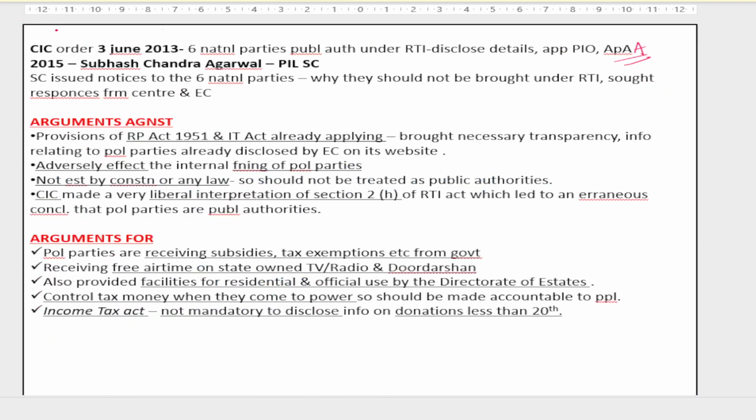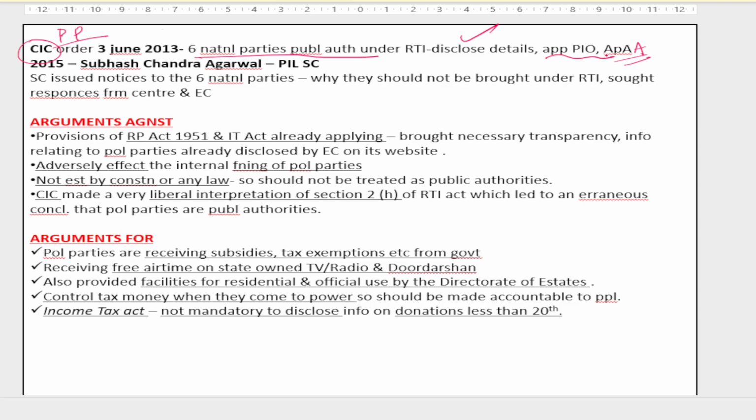Then we come to the issue of including political parties under the ambit of the RTI Act. Now the Central Information Commission, in its order on 3rd June 2013, said that the 6 national political parties should be included as public authorities under the RTI Act, and they should disclose their details.